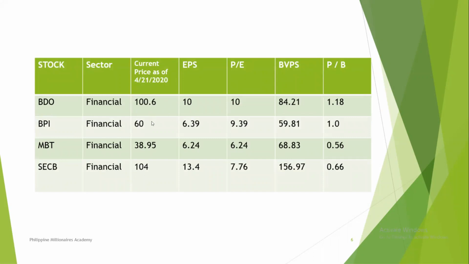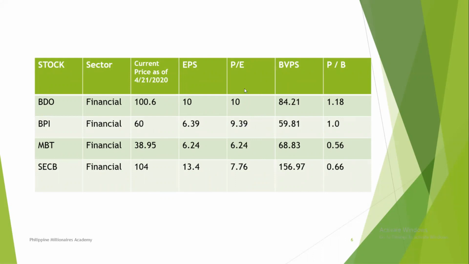So 100.6 for BDO, 60 for BPI, 38.95 for MBT, and 104 for Security Bank. So the PE ratios are now these values. So 10 for BDO, for BPI 9.39, MBT 6.24, and 7.76 for Security Bank. So PB values we have here.